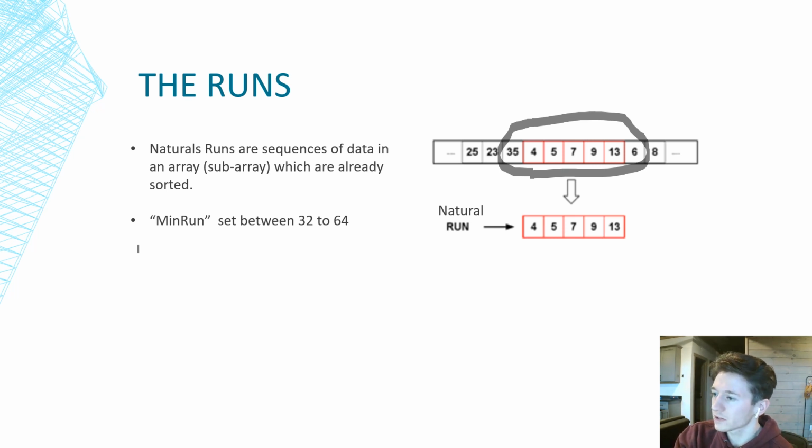Now, we also need to set a min run size. So this is going to be the size of the runs that we create, the minimum size of the runs that we create. We're going to set this number between 32 and 64 inclusive.